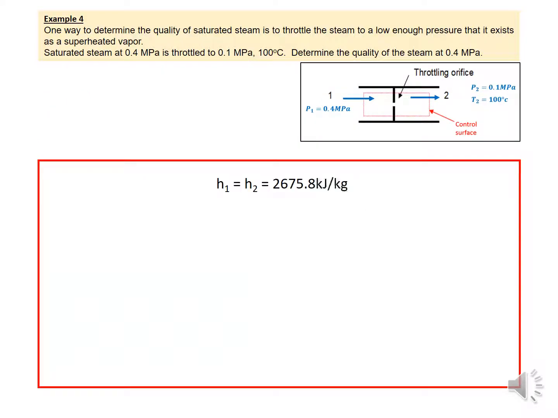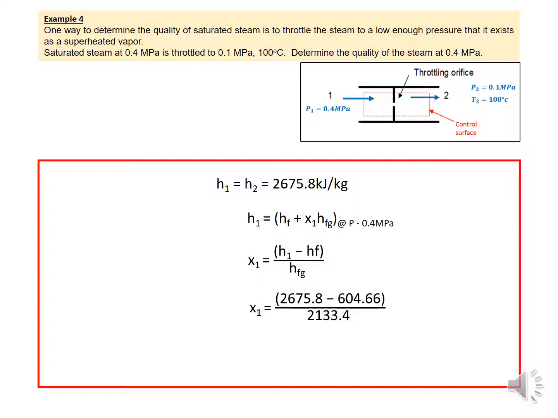Now, H1 equals H2, and H1 equals Hf plus X1 Hfg at pressure 0.4 megapascal. X1 equals (H1 minus Hf) over Hfg. After we substitute the values, we get X1 equals 0.971.